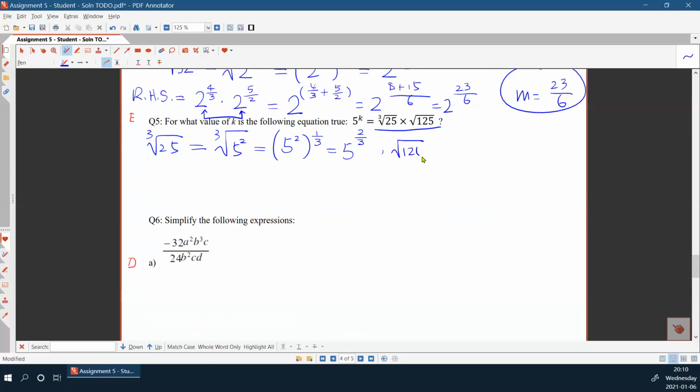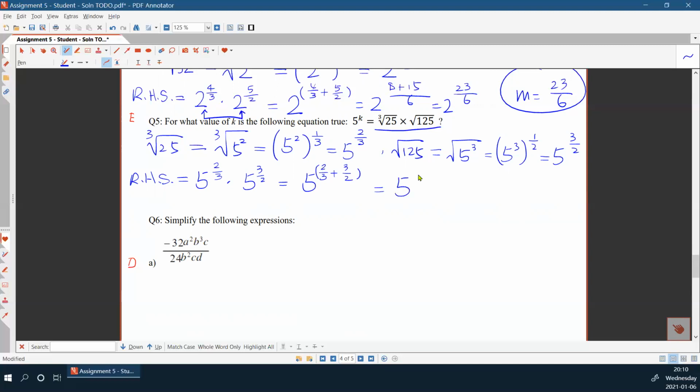And square root of 125 is square root of 5 to the 3rd power, which is 5 to the 3rd power and then to 1 over 2, which is 5 to this power. So the right-hand side equals 5 to this power times 5 to this power, which is 5 to 2 over 3 plus 3 over 2 power, which is 5 to the 6, 4 plus 9, which is 5 to the 13 over 6 power.